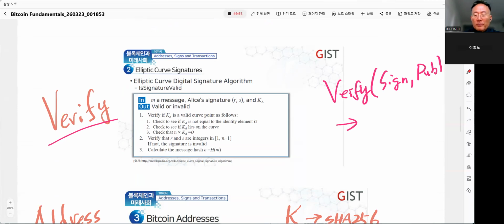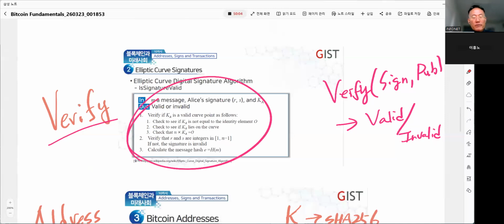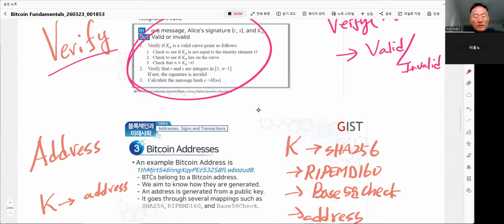Then it is going to be valid or invalid. That is the cryptographic function that NIST has published, so people have been using it. Satoshi Nakamoto utilized it for the Bitcoin system.